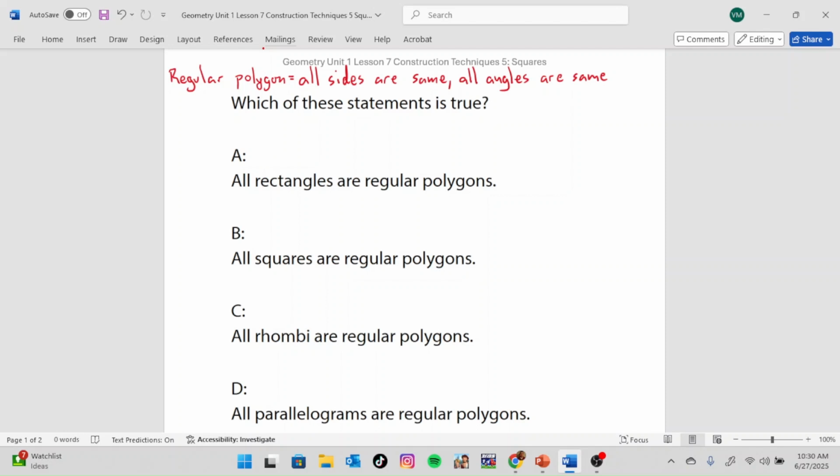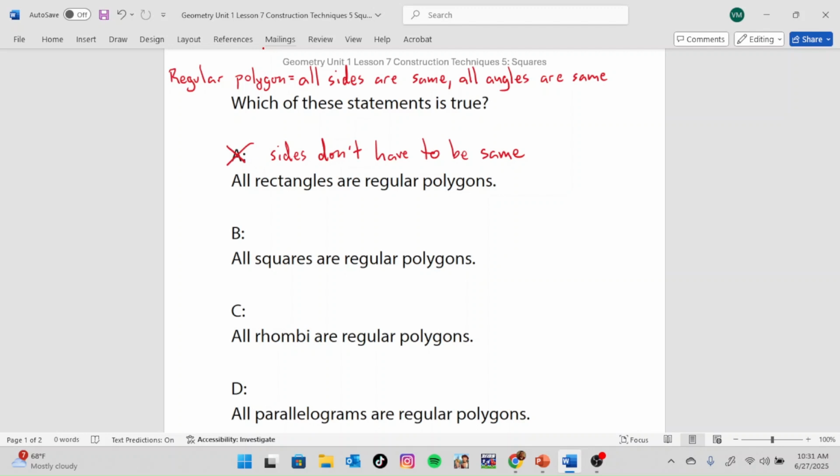First, we're talking about rectangles. Rectangles do have 90-degree angles for all of their angles, but the side lengths do not have to be the same. So because the side lengths do not have to be the same, A is not true.